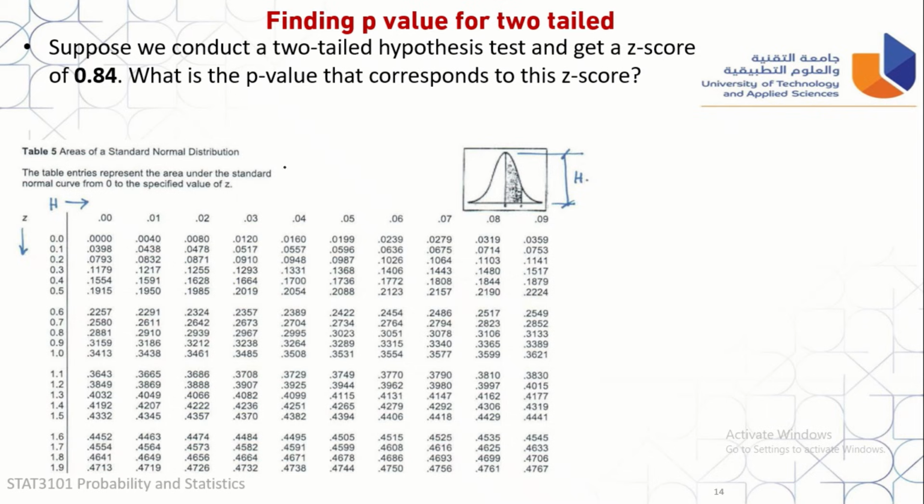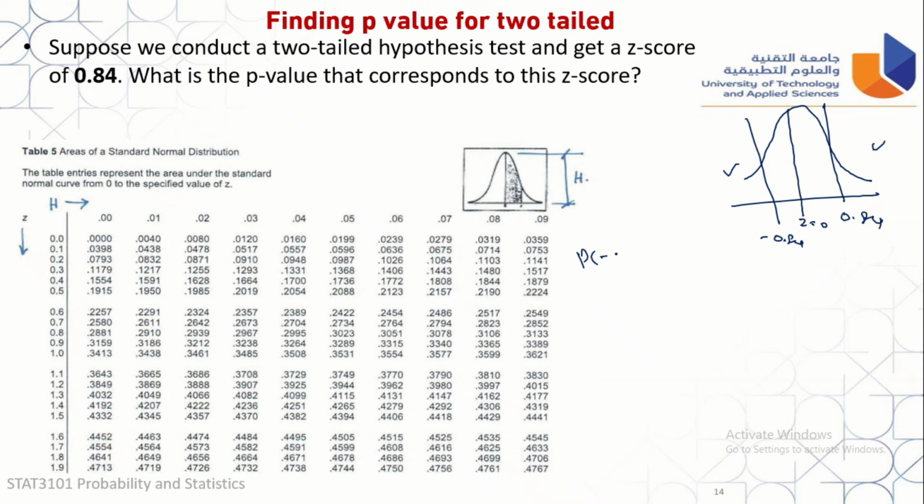And the next one is 0.84. It is for the two-tailed test. Two-tailed test means, what is the meaning? You have to calculate both sides. So it is minus 0.84 and 0.84, and here it is 0. I want to calculate the probability between minus 0.84 less than z less than 0.84.